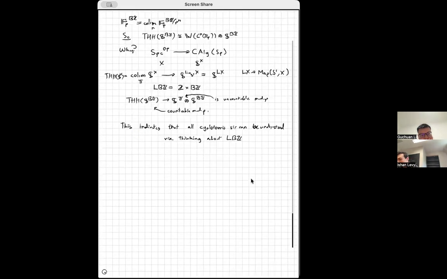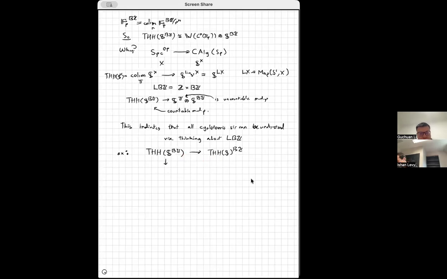I'll get into that a bit more in a little bit, but maybe I'll start with a simpler example. We're interested in understanding the map from THH of S to the BZ into THH of S to the BZ. And we can understand this map by thinking about the free loop space on BZ.